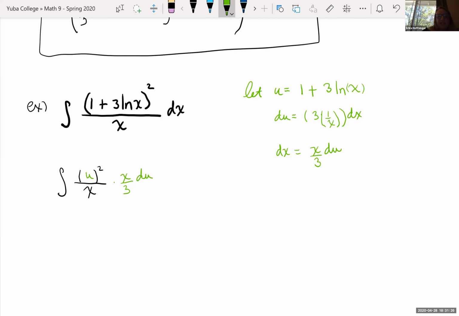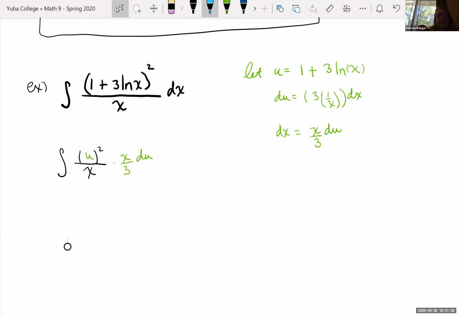Notice our x's cancel, which we needed to happen, or we would have had to do some more work. Now we have the integral of u squared. We can pull that 1/3 out front of u squared du. Add 1 to our exponent when we take the antiderivative, so that gives u cubed all over our new exponent of 3, plus c.